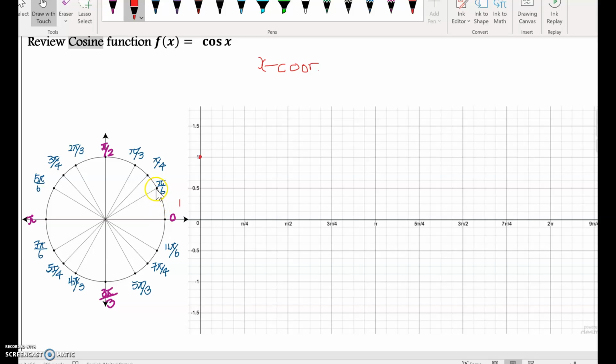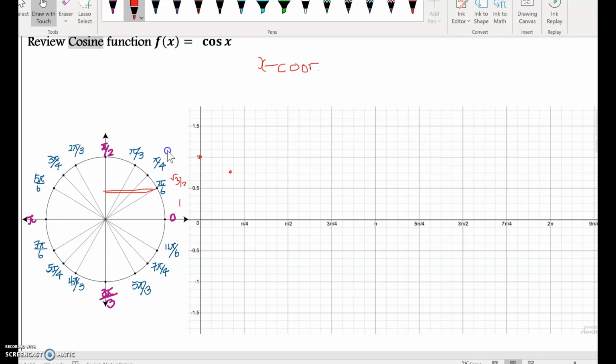At 30 degrees, we're actually measuring the x distance, the horizontal distance, and then measuring it up here. So the x coordinate at 30 degrees is radical 3 over 2, which is somewhere over here.